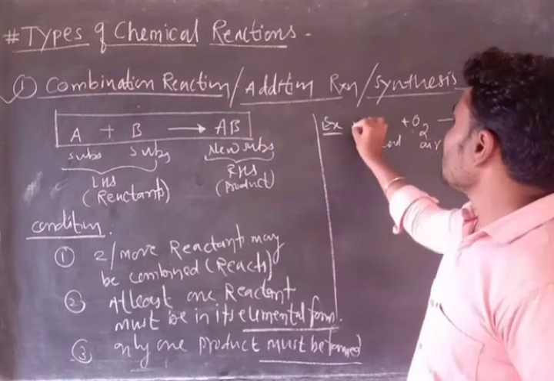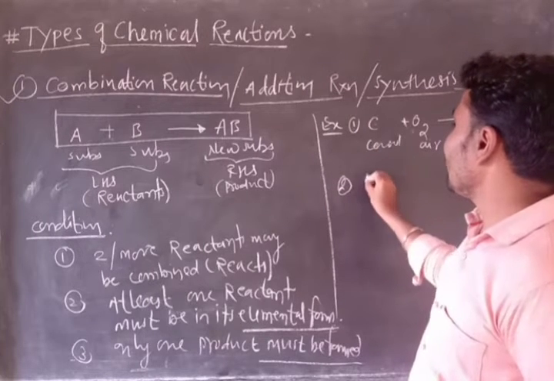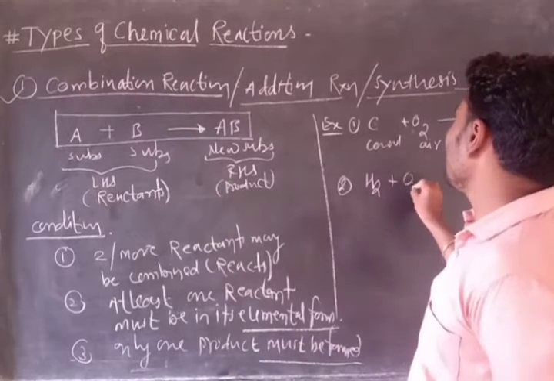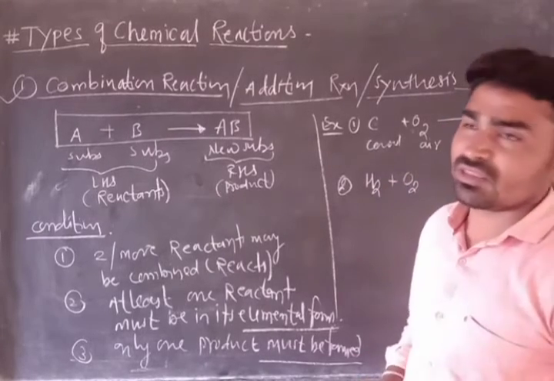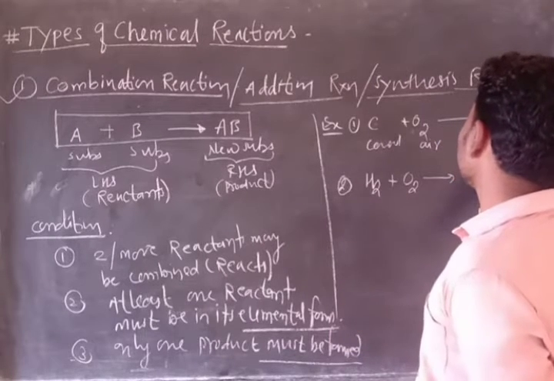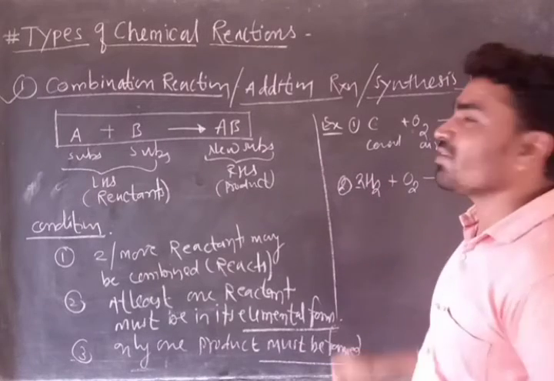Okay, my dear students, let's have another example. Here I am going to react hydrogen with oxygen, and definitely it is going to give us 2H2O. Here I am writing 2. Why have I written 2 here?